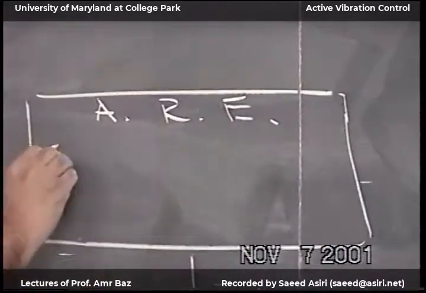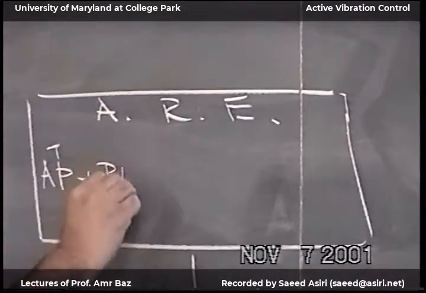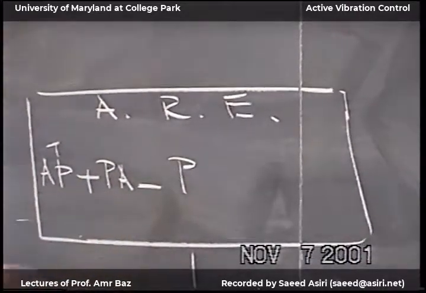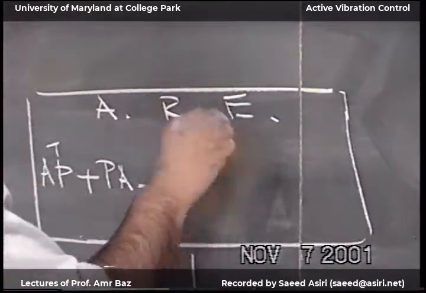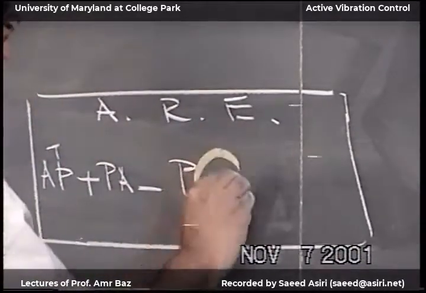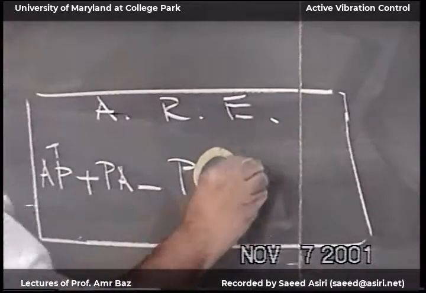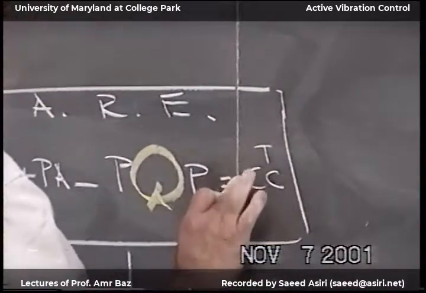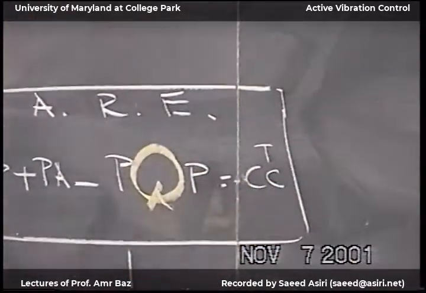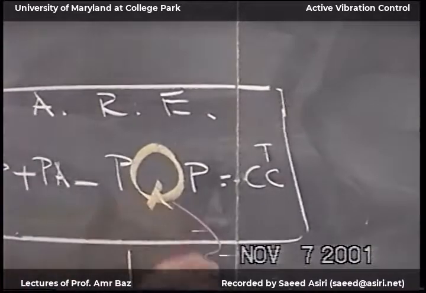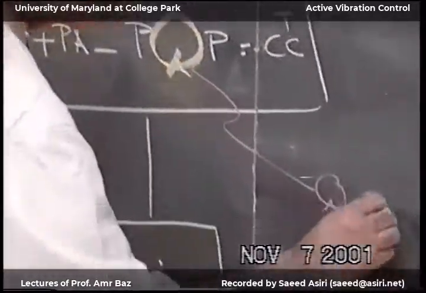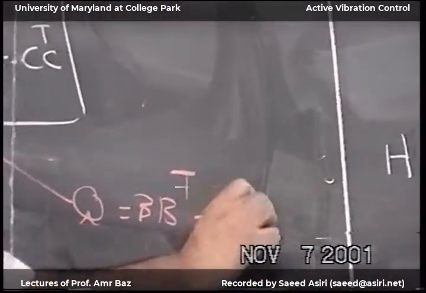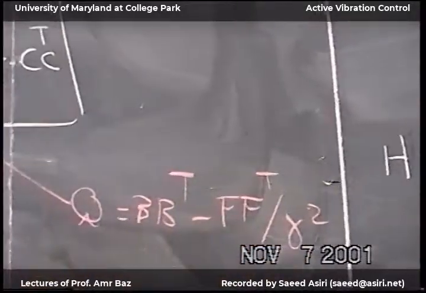It has A transpose P plus P A minus P, and then I'm going to put here, for example, Q P, and this is equal to minus C transpose C. And this Q is equal to B B transpose minus F transpose over gamma squared.